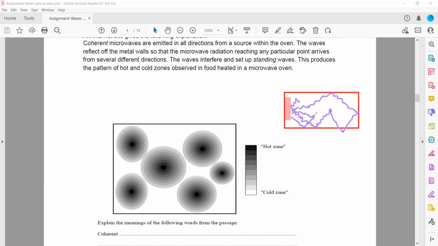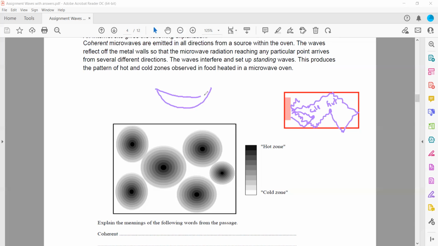At some points, if there is constructive interference, they increase the effect of each other, and that region will be hot. But in some regions they decrease the effect of each other, cancel out each other, and that region will be cold. That is the reason that in a microwave oven there is always a turntable.